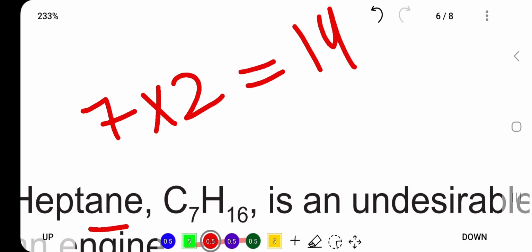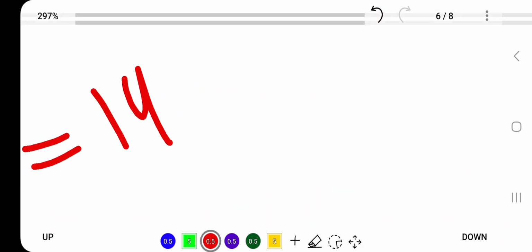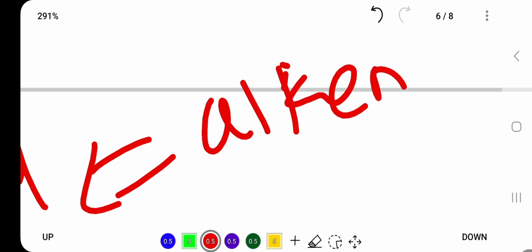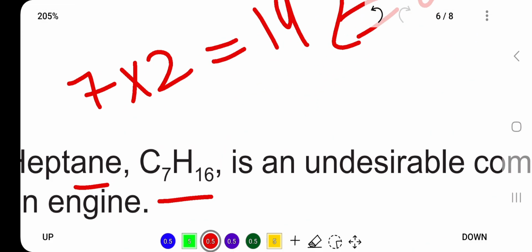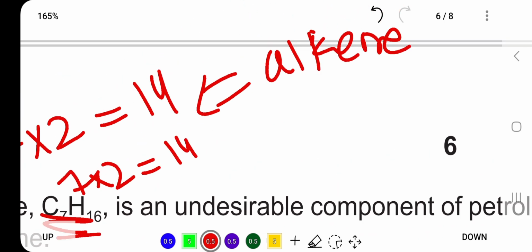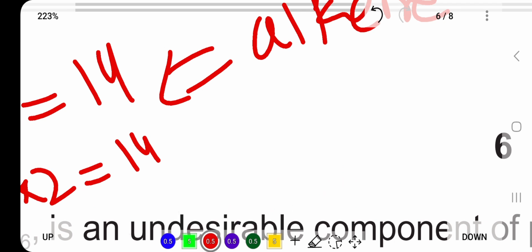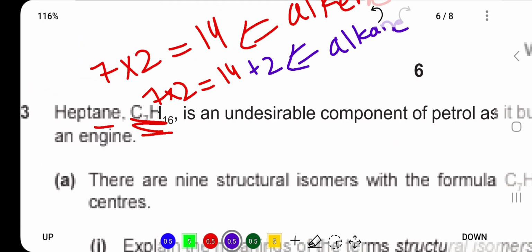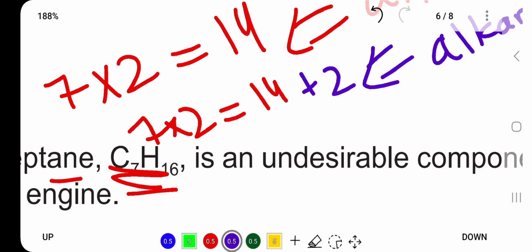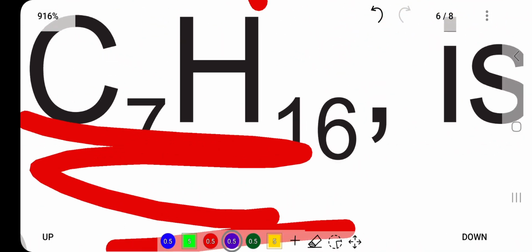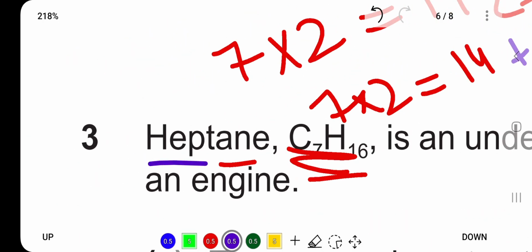If the hydrogen amount is double the carbons, it's immediately an alkene. But in this question, if you multiply it by 2 and get 14, but it's also plus 2, then it is in fact an alkane. If the hydrogen number is double the carbon plus 2, for example 7 here, double 7 is 14 plus 2, which is 16, so it is heptane, an alkane, right?